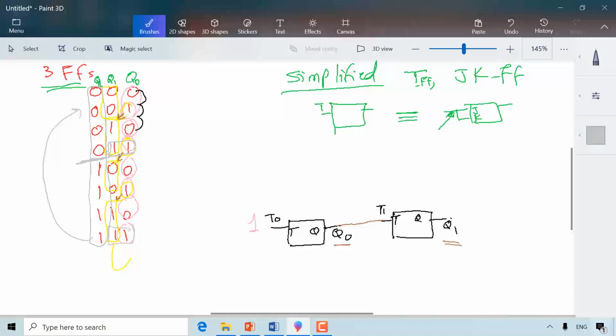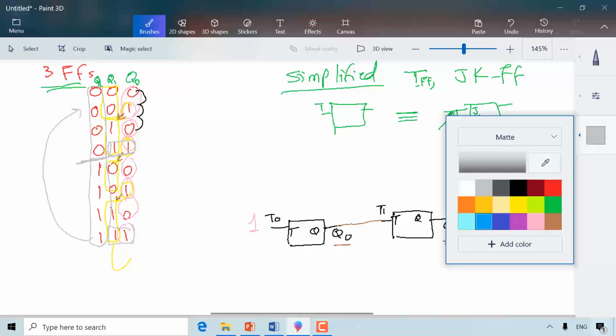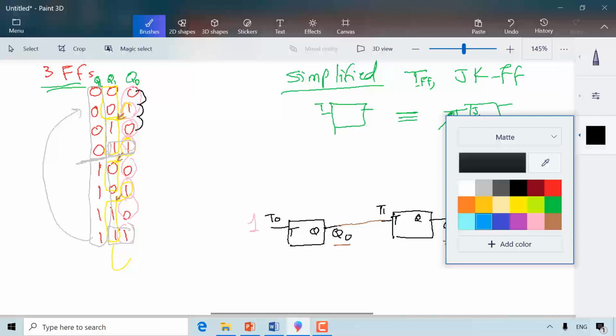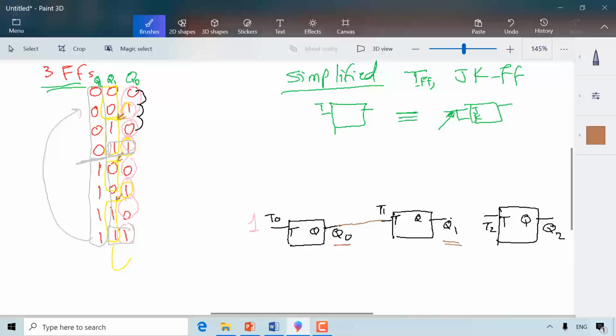Similarly at the bottom, for the third flip-flop, this is Q2, and this is T2. I want to make sure that both Q0 and Q1 are 1s, and if they are 1s, I go and toggle Q2.